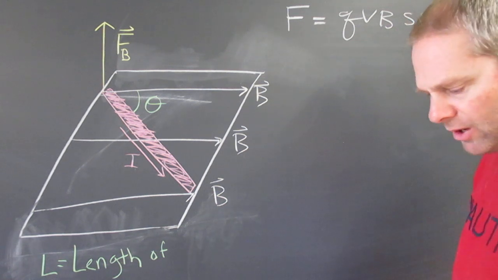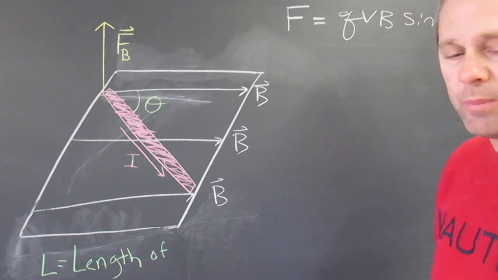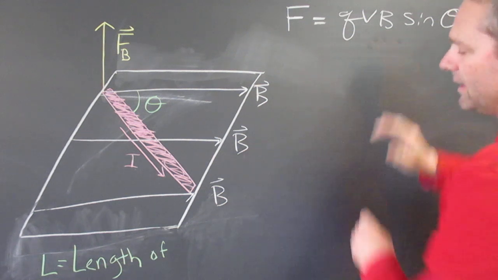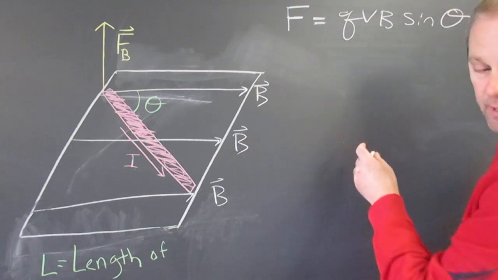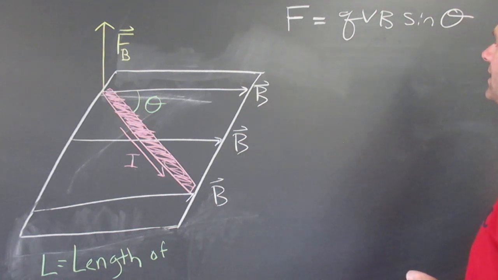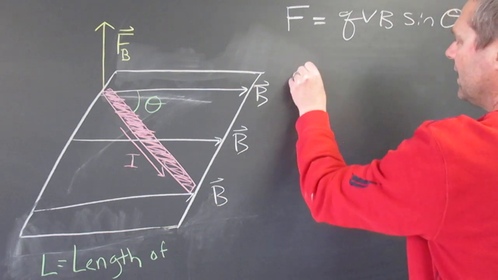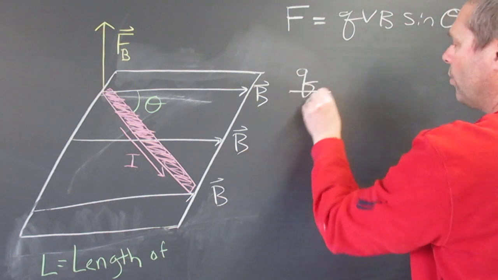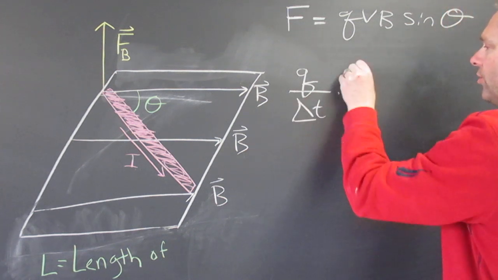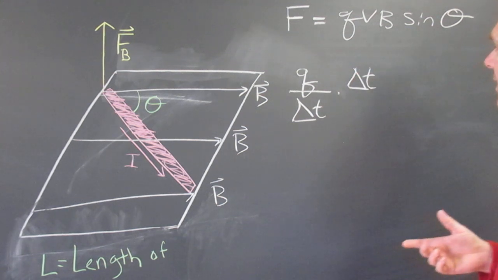Now go back and recall that current is charge per time. So if we take the equation that you see up on top, F is equal to QVB sine theta, we take the right-hand side and multiply that by 1. But the one we're going to choose is delta T upon delta T. That's really 1, all right?